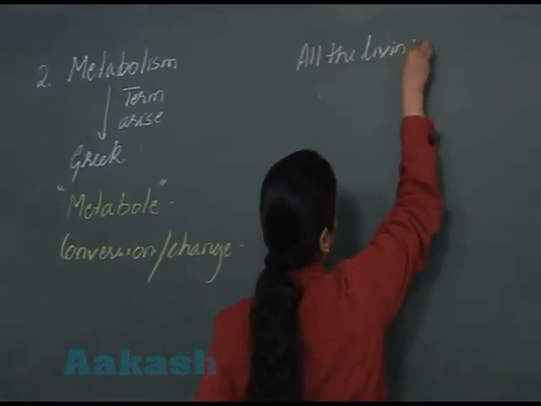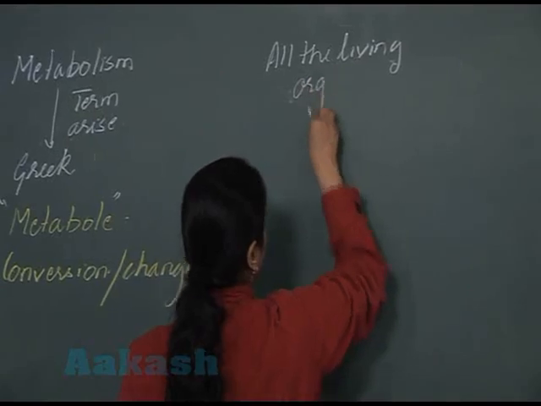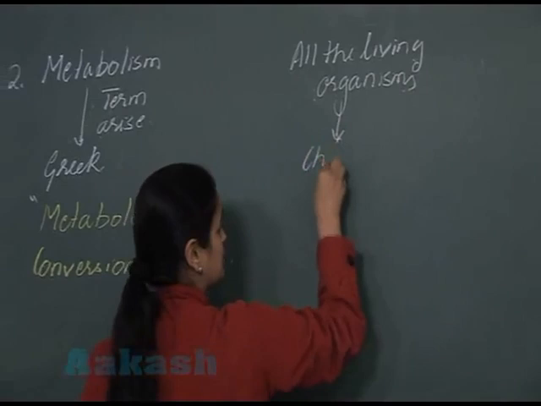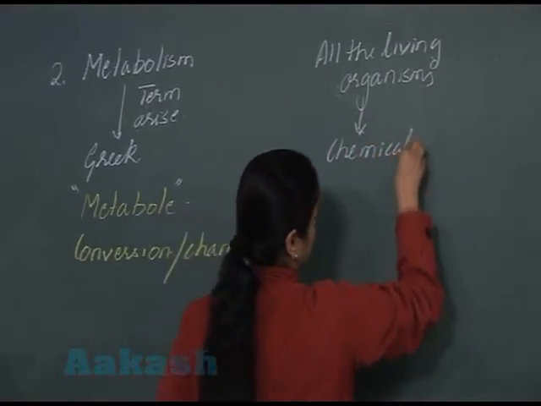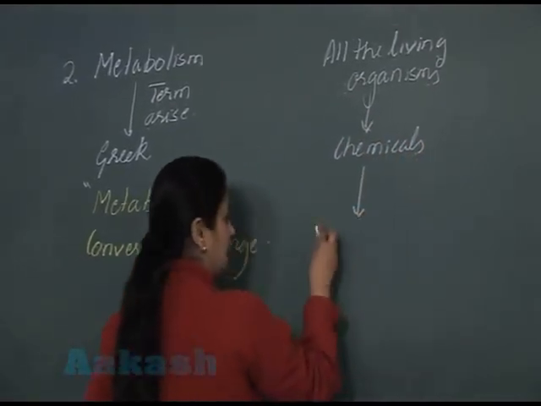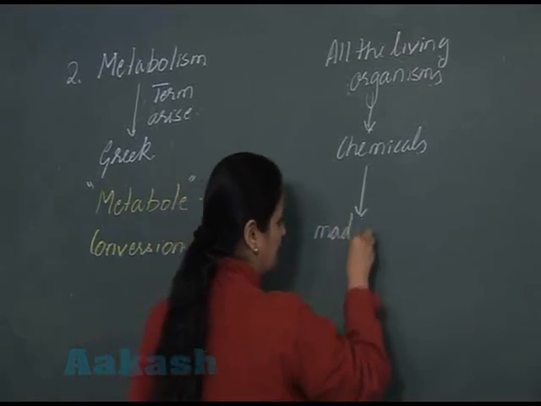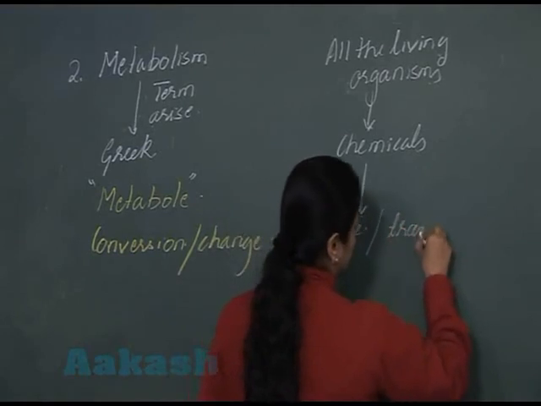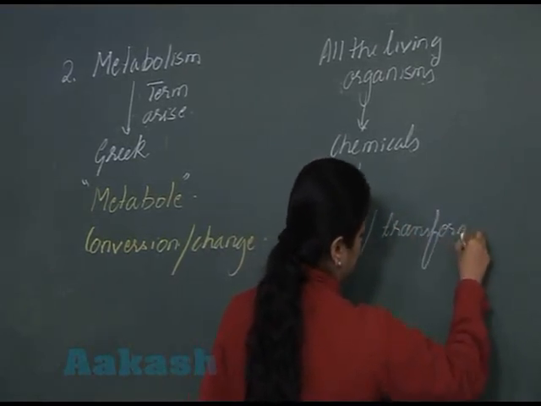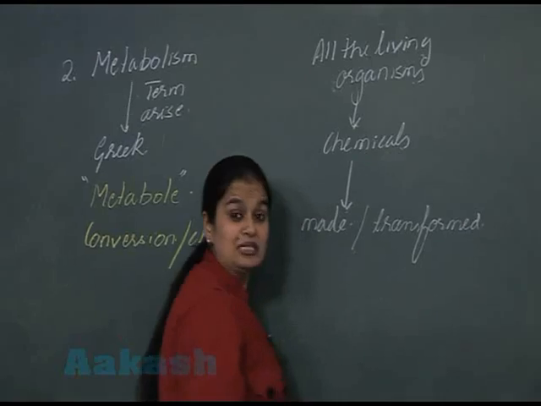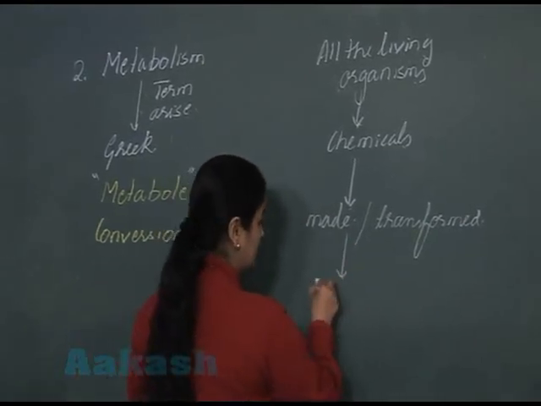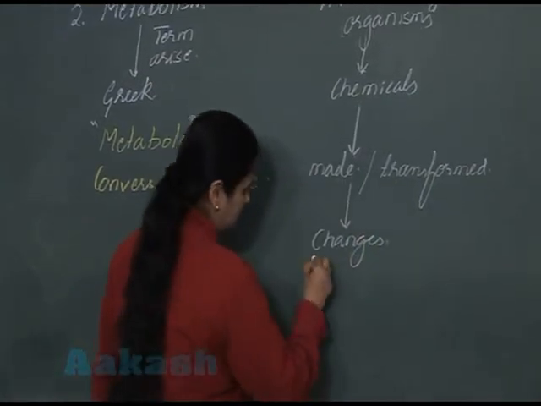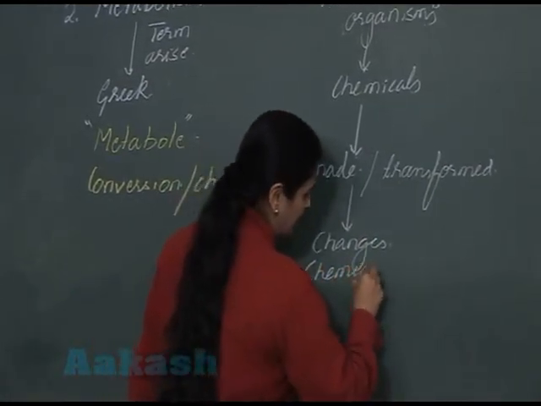All the living organisms are made up of chemicals. These chemicals are constantly being made, synthesized, as well as transformed. So these changes, these conversions, are known as chemical reactions.